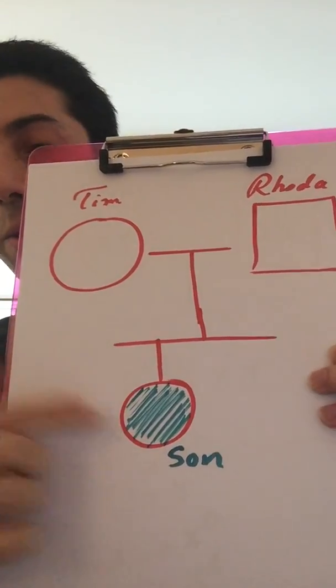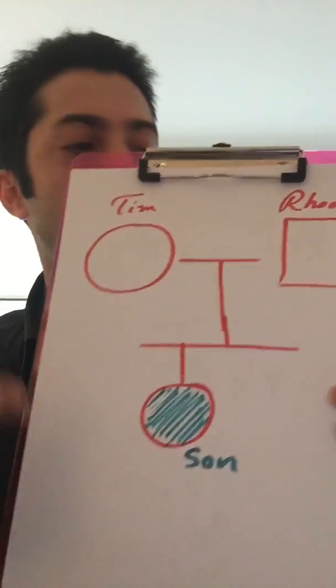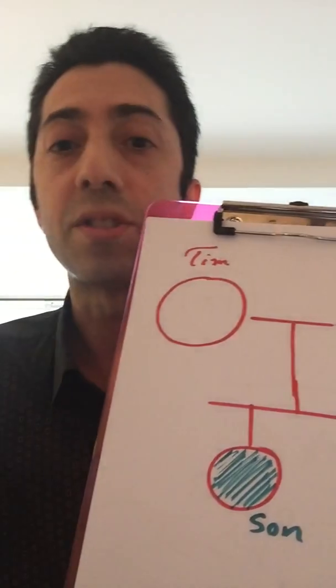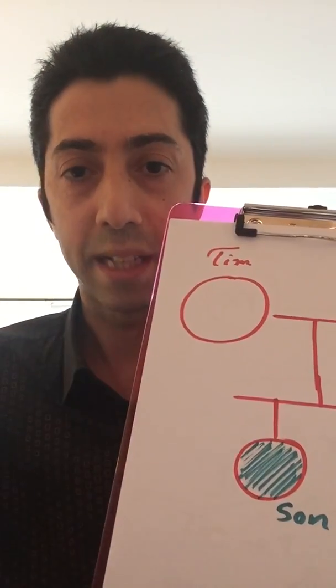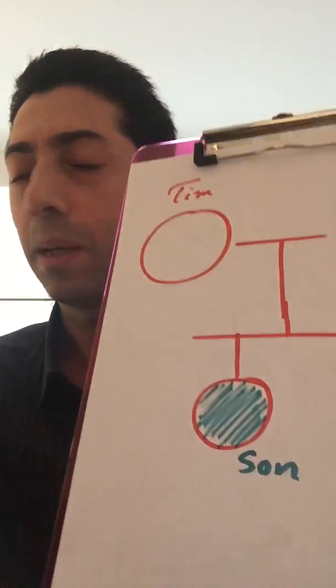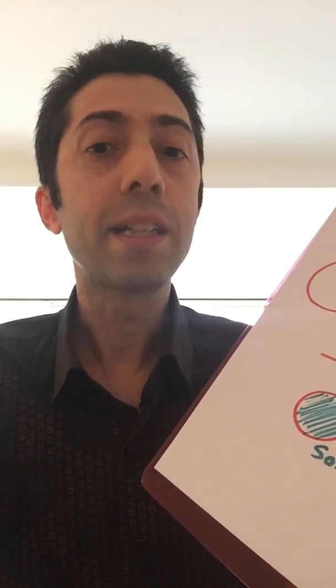Alright? So remember, when we say the son has the problem, Duchenne muscular dystrophy is an X-linked recessive pattern. It means that sex chromosomes are affected, specifically the X chromosome. When the question mentions the son has it, remember what does the son have as sex chromosomes? X and Y, correct? Where does the son get Y? From the father.